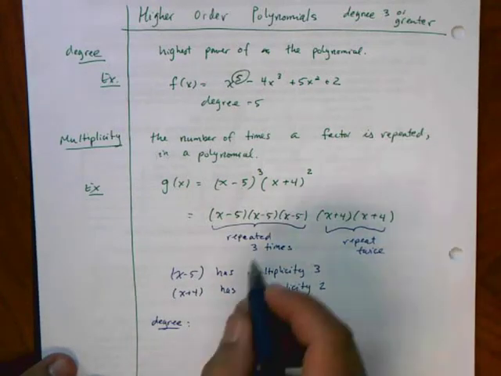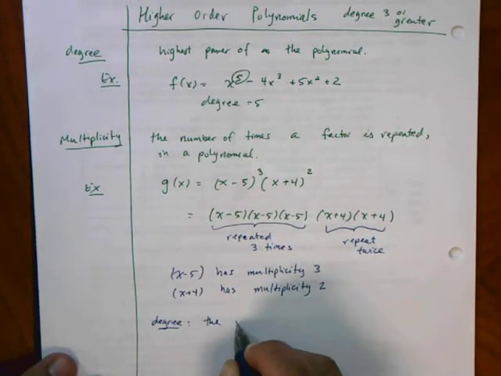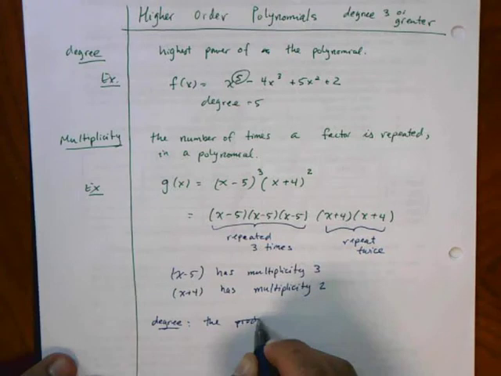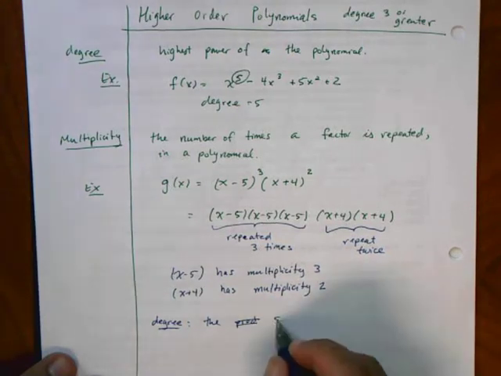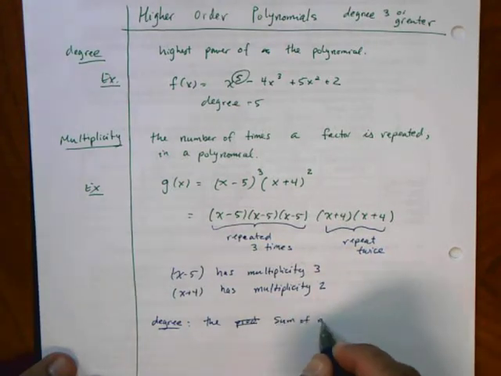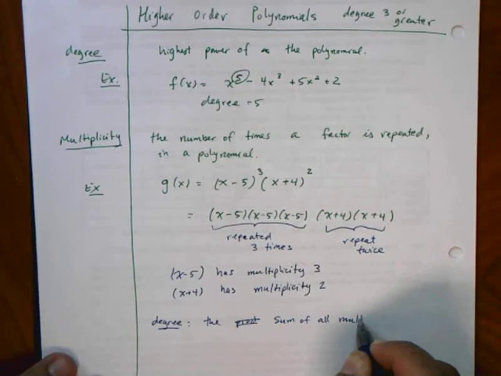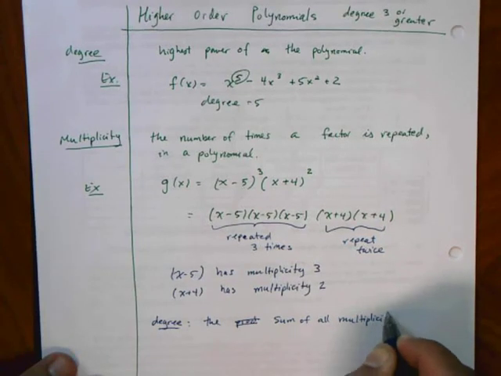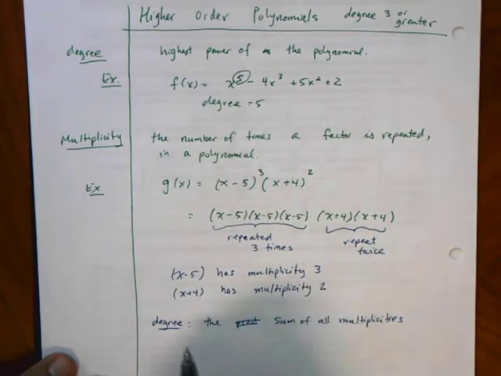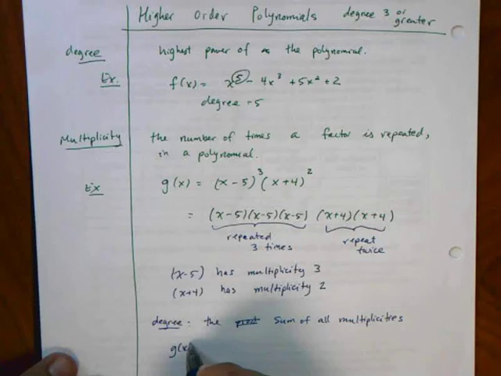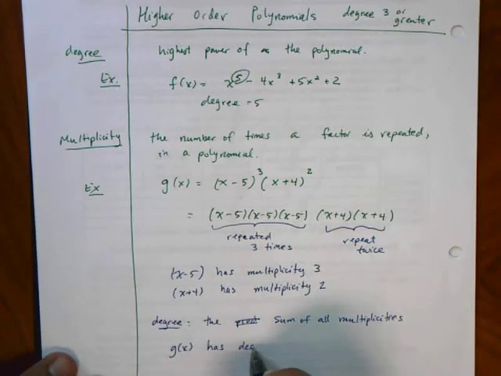So the degree in this case is just the product, I'm sorry, not the product, the sum of all multiplicities. So in this case, g of x has degree 5.